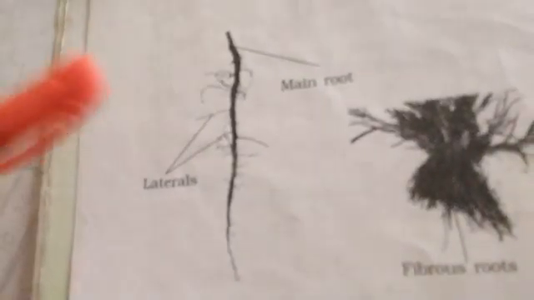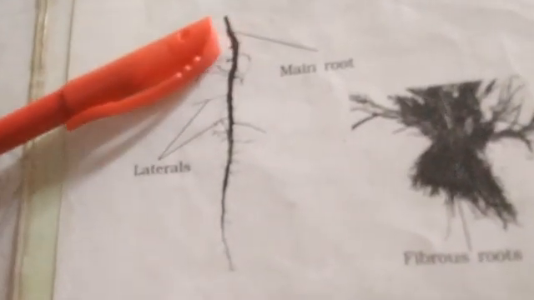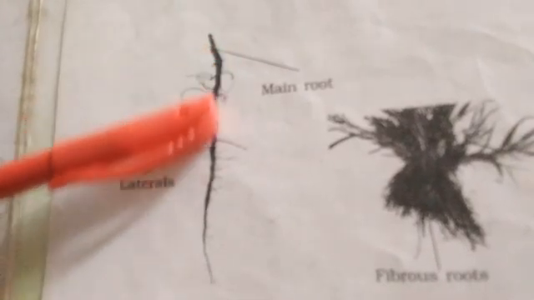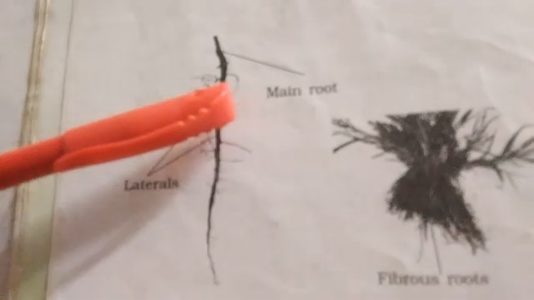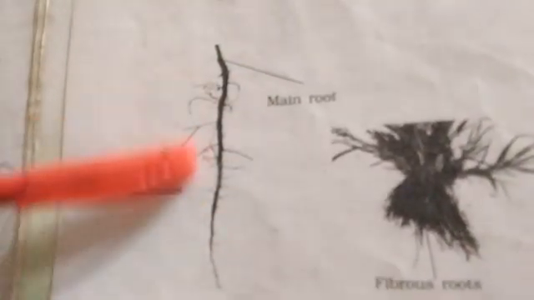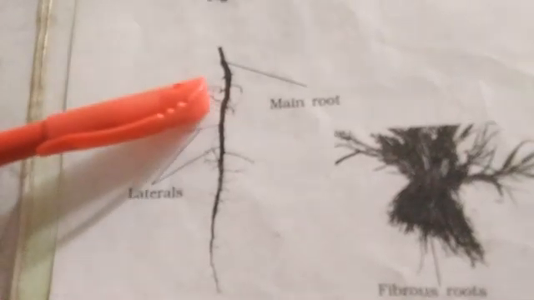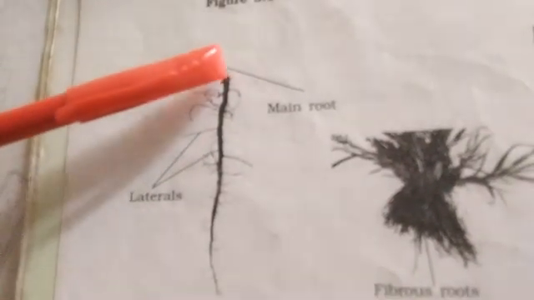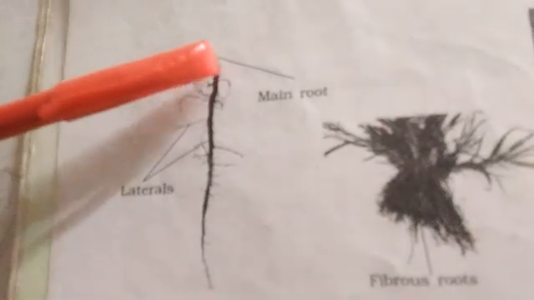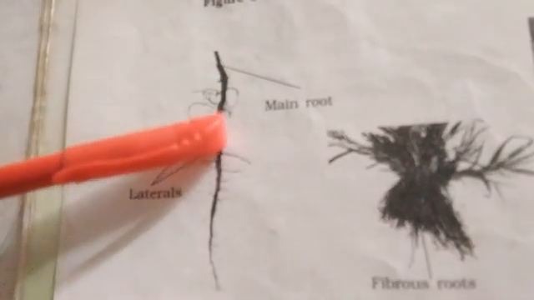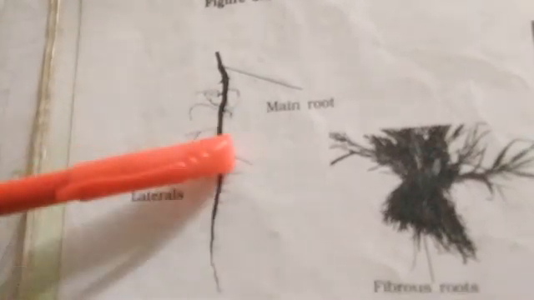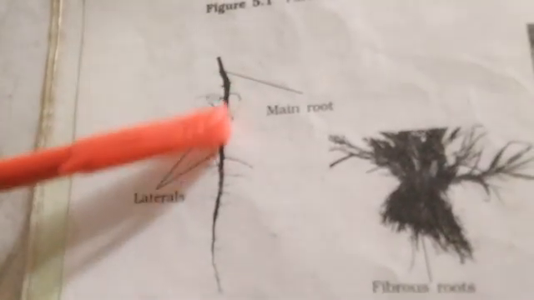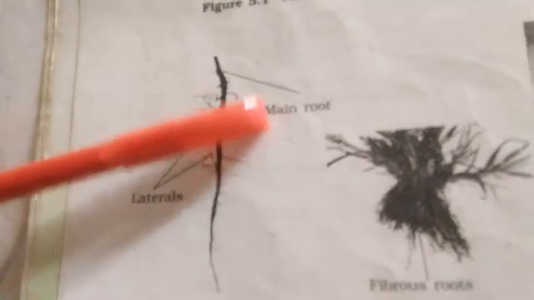Now, you will see that in some plants there is a main root, and some branches come out of it, forming the root system. This is called the tap root system. The radicle we just saw, if it remains and forms the main root, and the root system is formed by the branches of this main root, then we call it a tap root system.